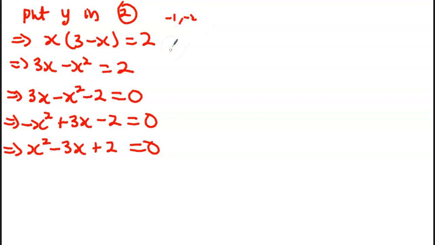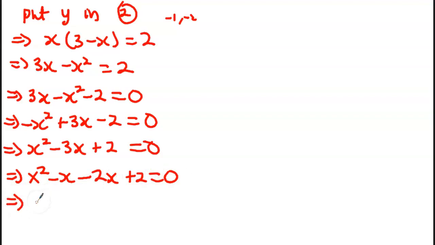Minus 1 times minus 2 is giving us positive 2, and minus 1 plus minus 2 is minus 3. Let's break the middle term. So x squared minus x minus 2x plus 2 is equal to 0. We then factorize. So x(x minus 1) minus 2(x minus 1).